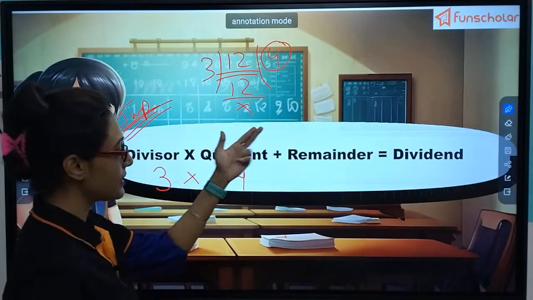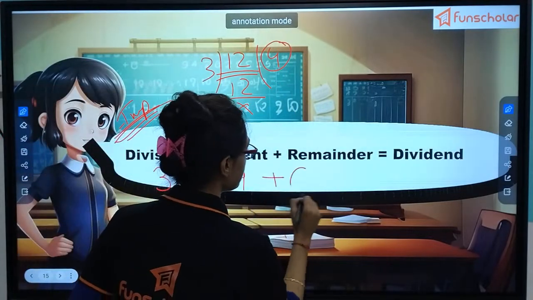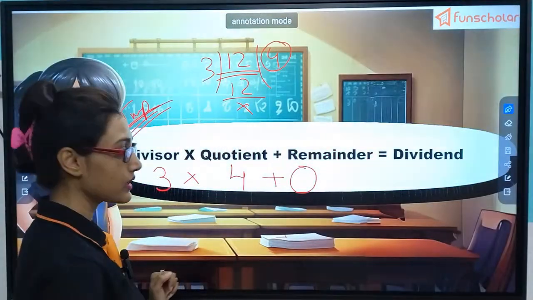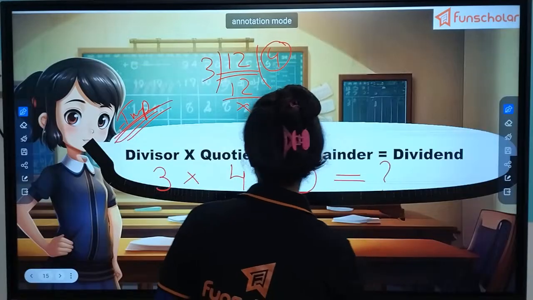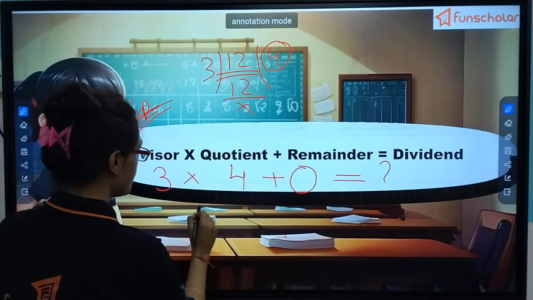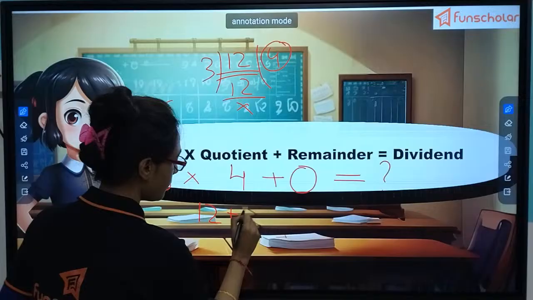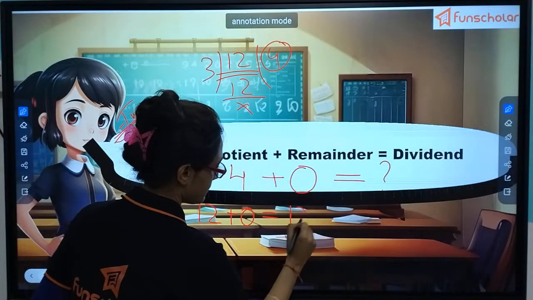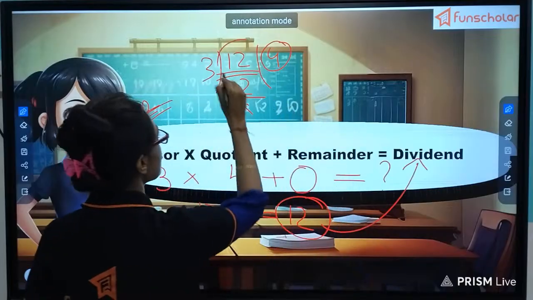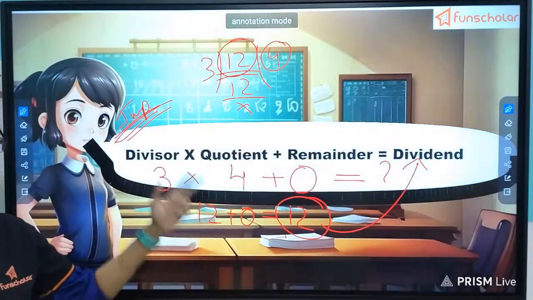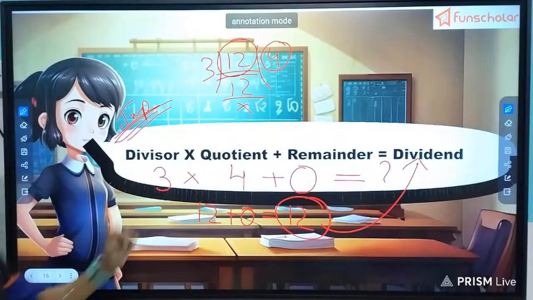When you have no remainder, you will put 0 in place of remainder, equals to dividend. 3 4s are 12 plus 0 equal to 12. So did you get 12 as the dividend? What we started with? So the sum we have done is correct.